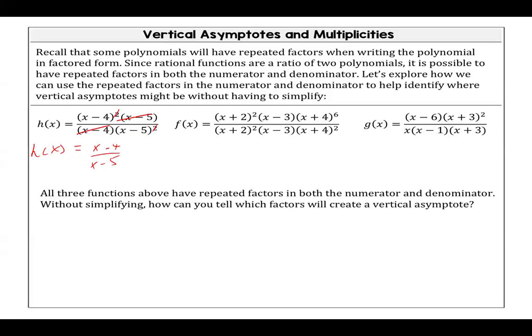It's actually still a vertical asymptote. Does that make sense? Okay. Because it did not go away completely, I'm still going to have a vertical asymptote at x equals 5. Make sense? All right.